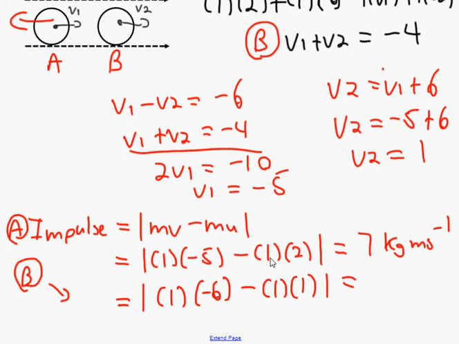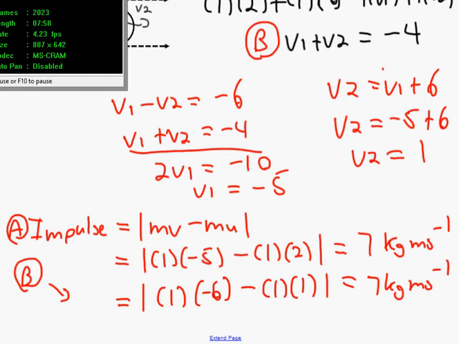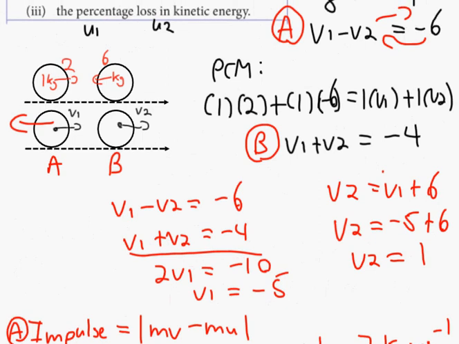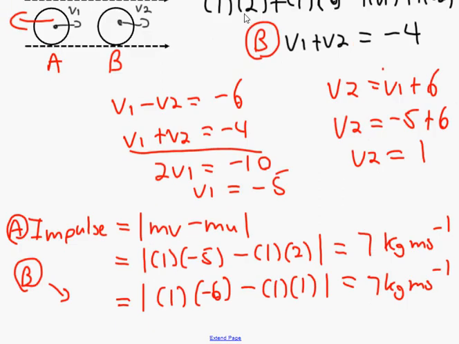And because you have to take the positive value, they're both 7 kilograms meters per second. Sorry, the 6 was a starting velocity, so that actually has to be minus 6 here. And that's going to be 1 there. And that just gets you 7 as well. Okay, so 7 either way. Okay, good spot though.